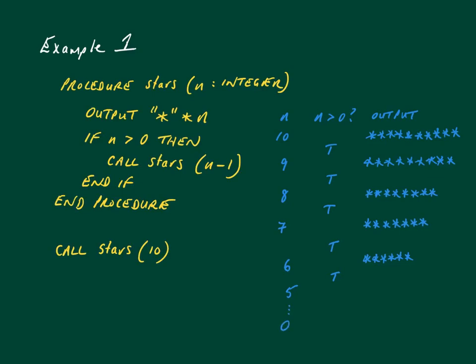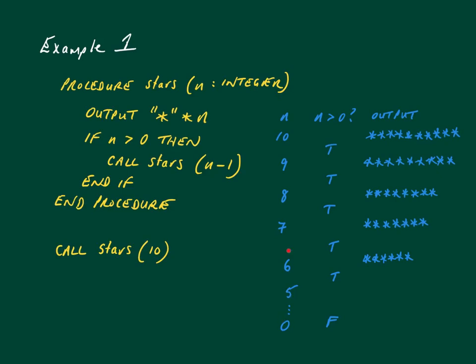And when n becomes 0, we output 0 stars, and then we test and see if n is greater than 0. Well, n is not greater than 0, so that fails. And so nothing happens, and then we end the procedure. And when we end the procedure, the program goes back to its previous copy of stars. In the previous copy of stars, we're at this line of code, and so we end the if, we end the procedure, we go back to the previous copy of stars.